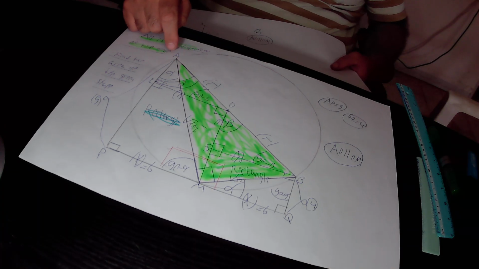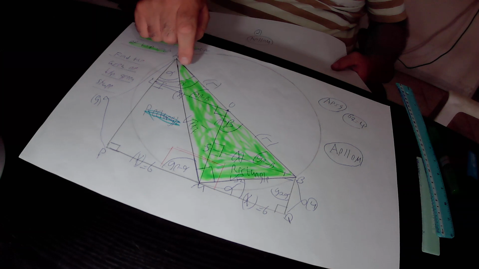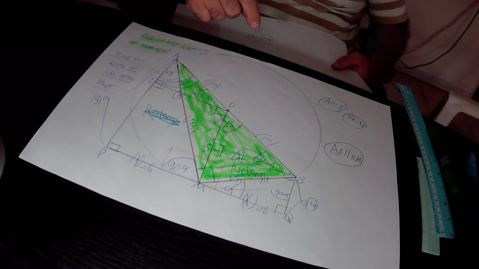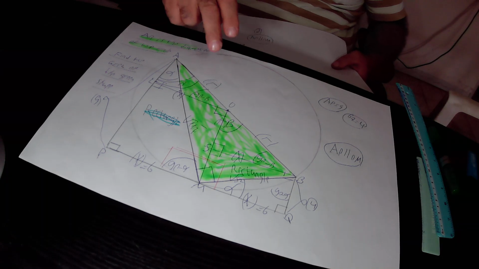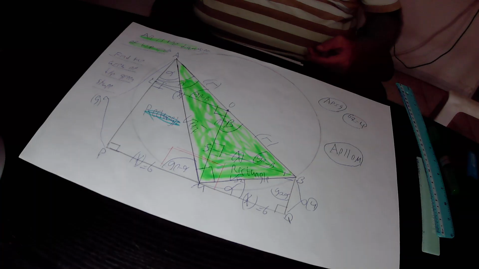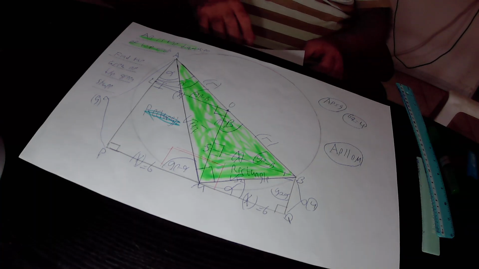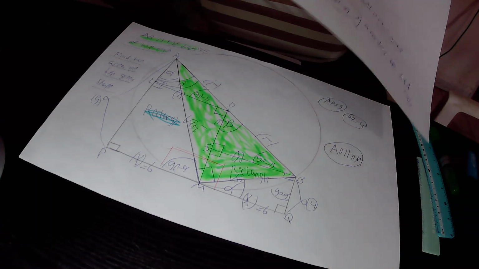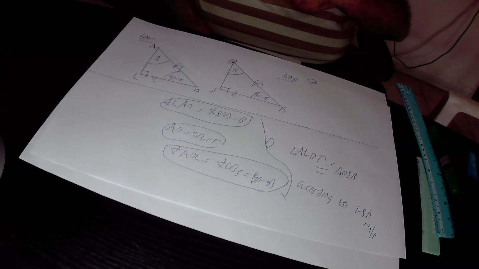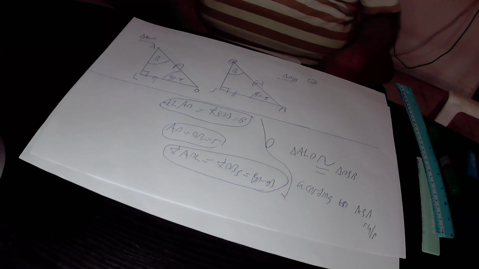In the next step, we take those two right triangles ALO and OSB, and in the equation prove that those two right triangles can be superimposed on each other according to the angle-side-angle rule. Those are the two right triangles ALO and OSB, going back to the original drawing.